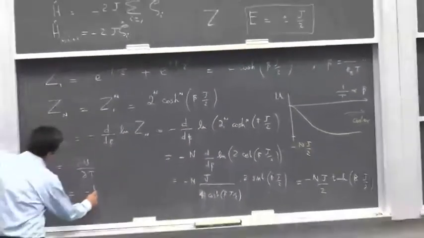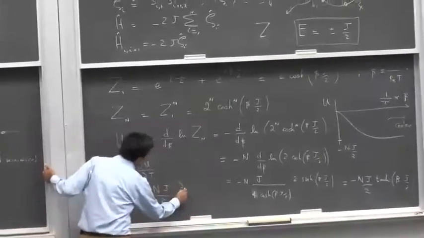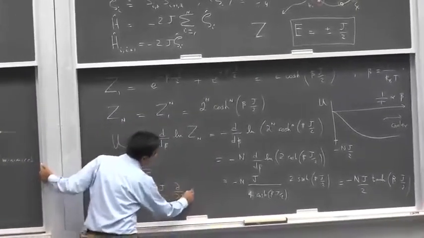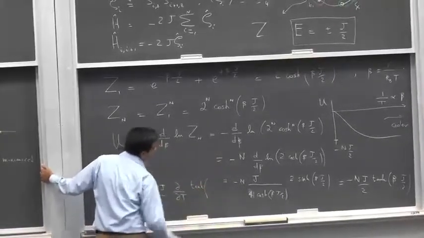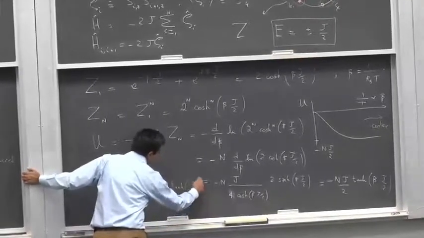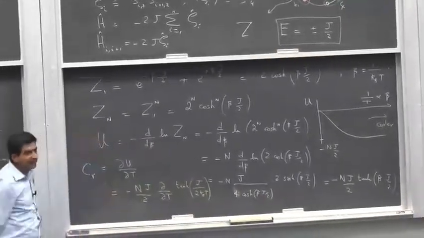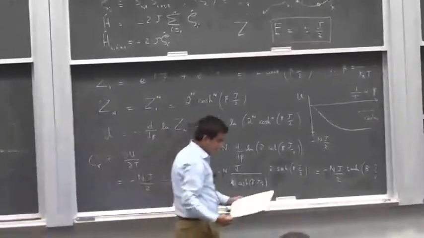This is minus nj by 2, the derivative with respect to temperature of tan j by 2 kBT. Right? I need to find out this derivative. This is something you could do on your own. I can just give you the final result.